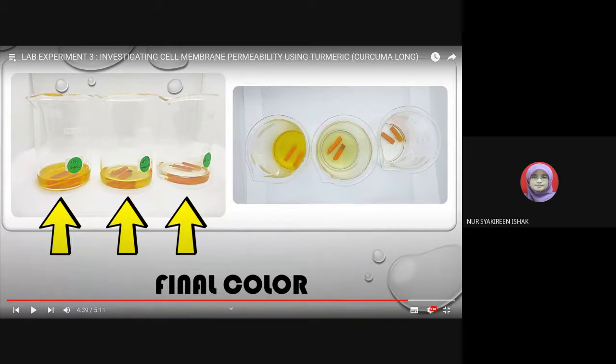Dia bukan melibatkan you immerse in a solution that contains salt or ions that cause the solution to be what do you call it, saline solution kan. Kalau yang menghasilkan solution hypertonic, hypotonic, isotonic tu, this is not the case.